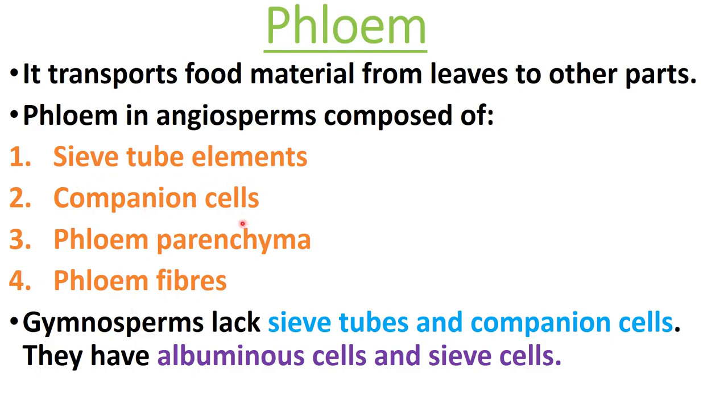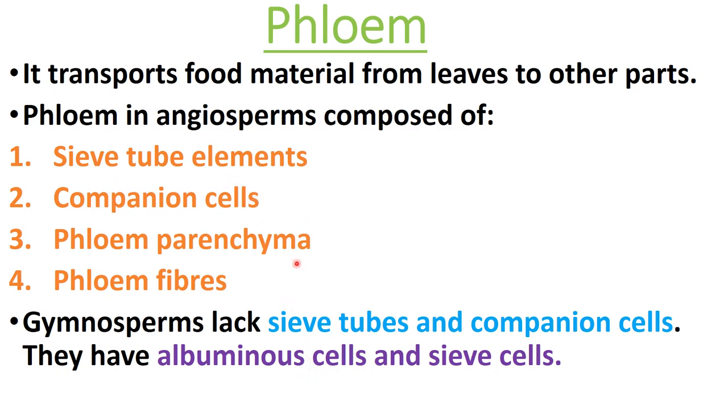So we can say sieve tube elements and companion cells are the characteristic feature of angiosperms only. In place of these, in gymnosperms, albuminous cells and sieve cells are found.